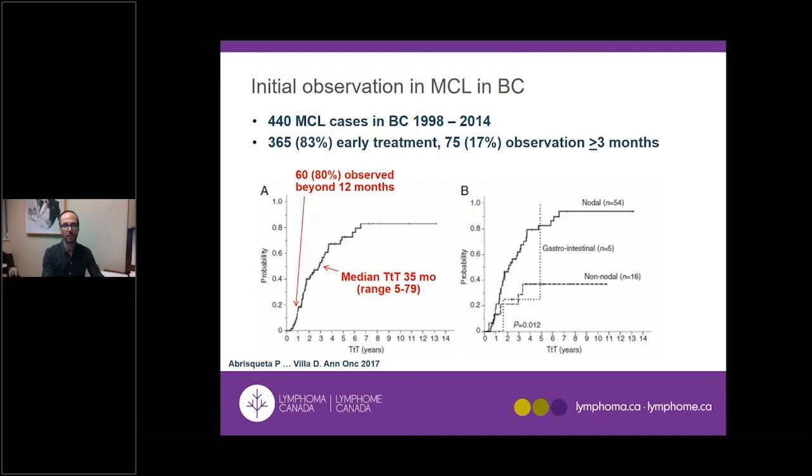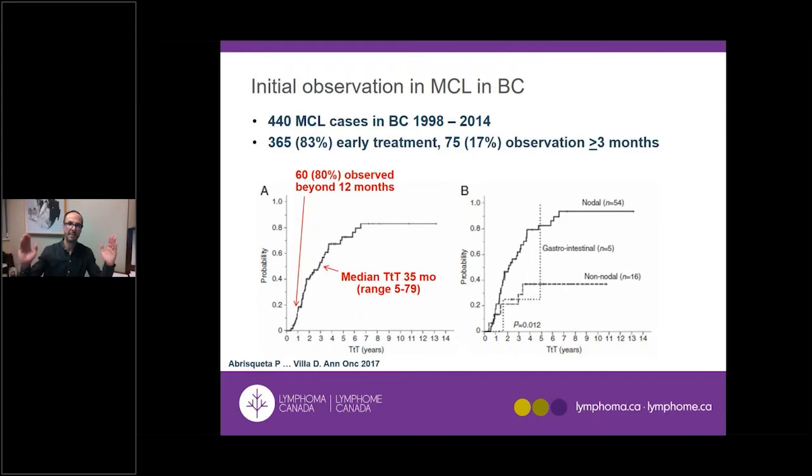And so what we did is we queried the lymphoma database for patients who needed treatment and patients who were observed. And what this curve shows you on the left is looking at when patients needed treatment if they were observed for at least 3 months. And so the median time to treatment in this experience was basically 3 years.